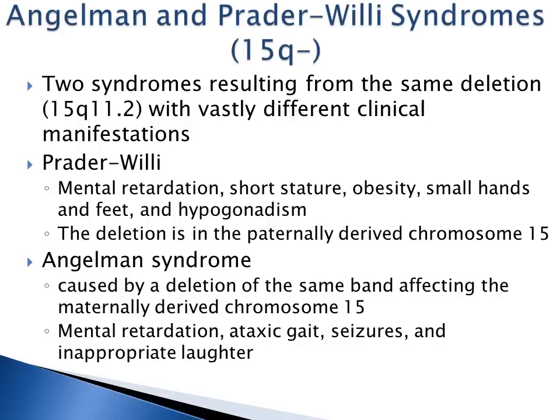In Angelman syndrome, this is a deletion of the same band, but it's affected by the maternally derived chromosome 15. Angelman syndrome causes mental retardation, ataxic gait, seizures, and inappropriate laughter.